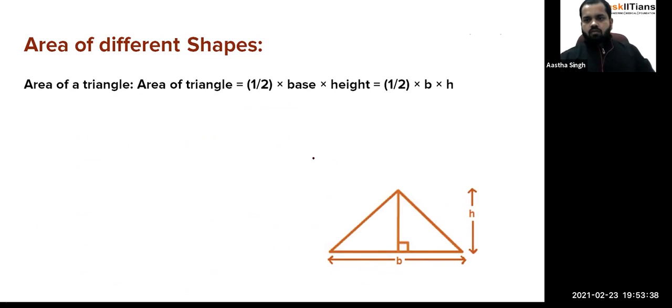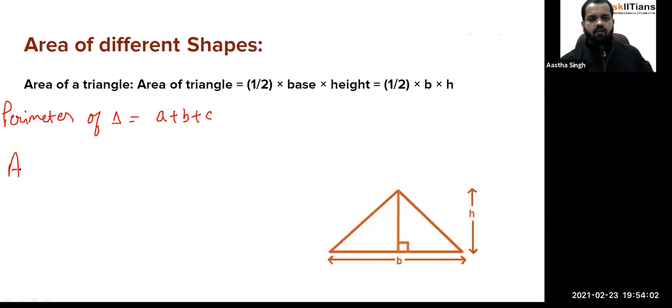Okay, now comes the area of a triangle. You have already studied about the perimeter of a triangle. Perimeter of a triangle, right, is equal to A plus B plus C, where A, B, C are the sides of a triangle.